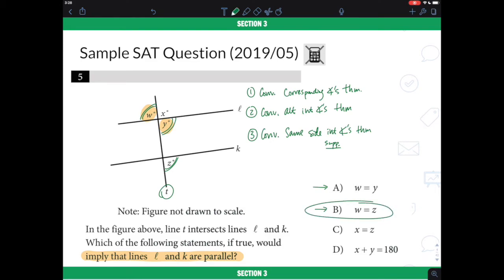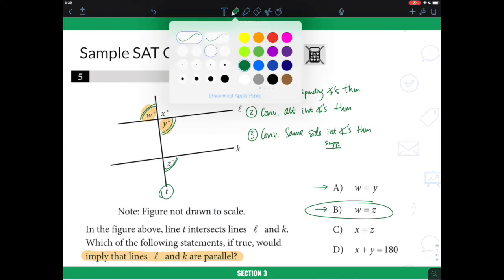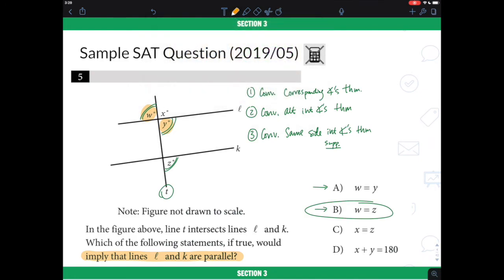I want to make sure that everyone is clear here that choice A is a true statement, but it doesn't help prove our case. That's why we have to choose B. And that also leads us to a variant of this theorem, which is the converse of the alternate exterior angles.